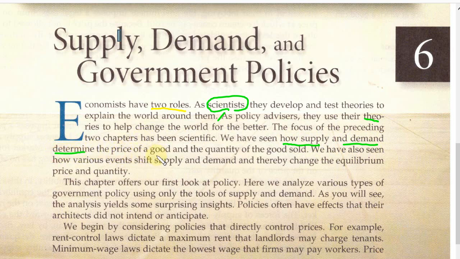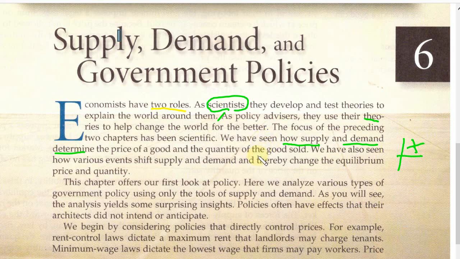the price of a good. As we have already studied, this is the demand and supply, and this is the price, the point where the price is determined according to demand and supply.